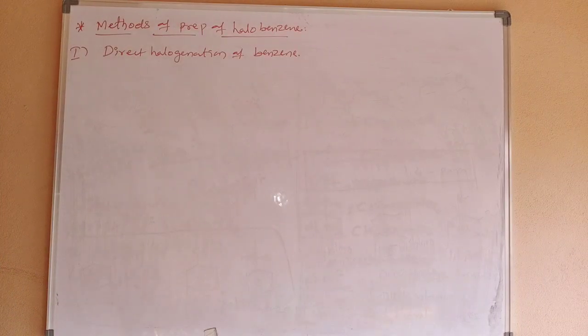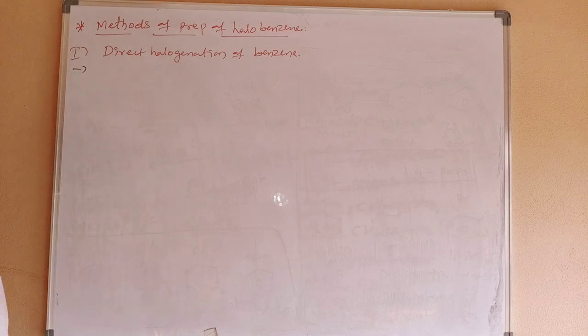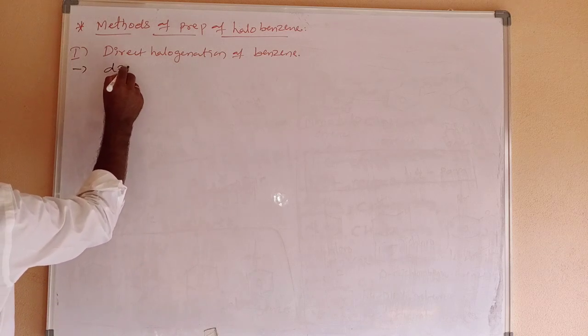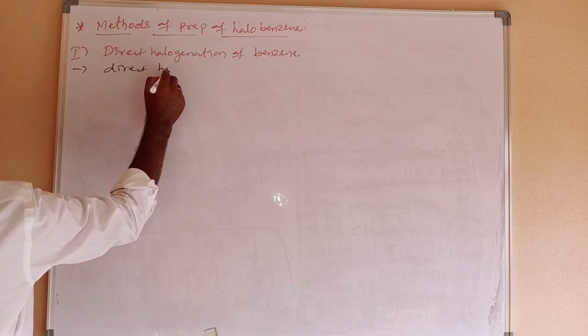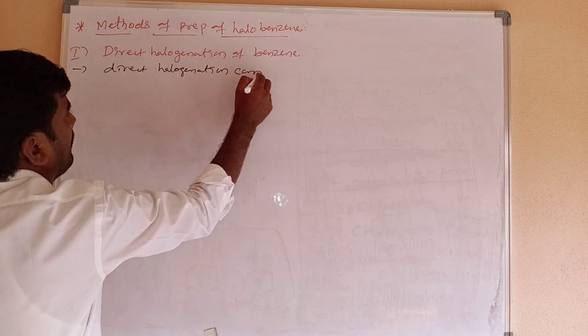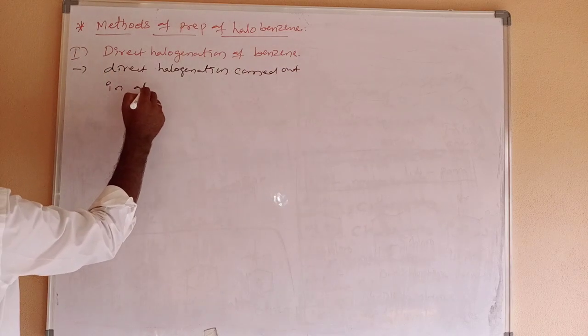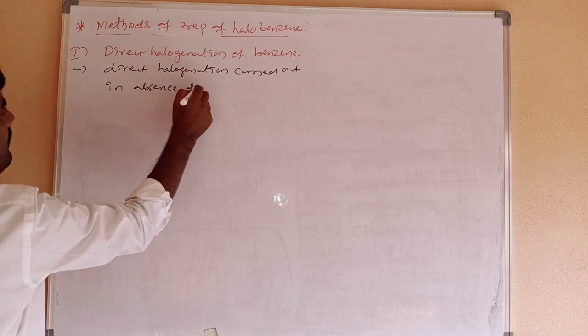Direct halogenation of benzene is carried out in the absence of light.